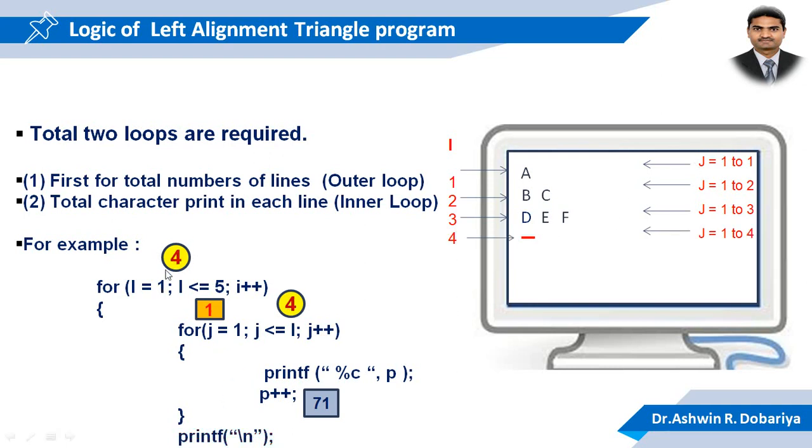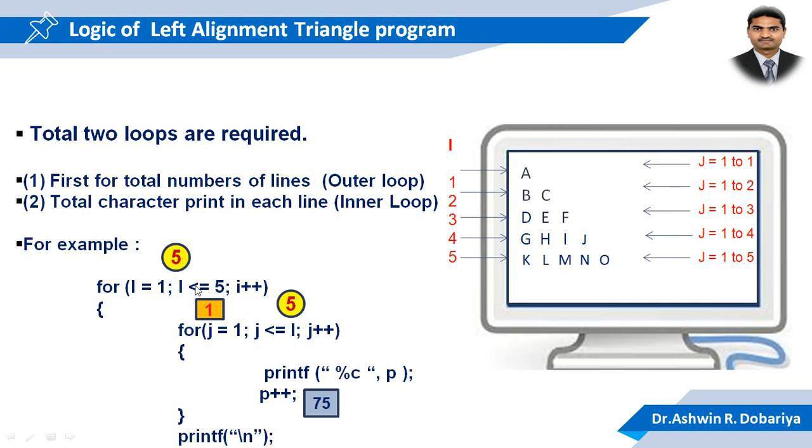Again i increments by 1, it becomes 4. Now it means the inner loop will execute 4 times, like G, then again j increments, H, then again increment, I, again it becomes 73 and 74, again j becomes 4, it displays the value of J. Now P becomes 75, j becomes 5, this condition becomes false, then cursor moves to the next line, again i becomes 5.